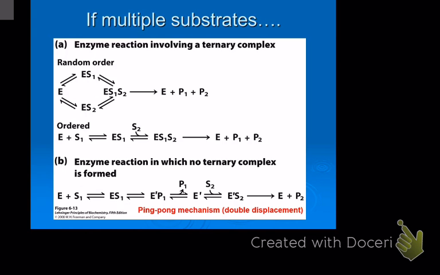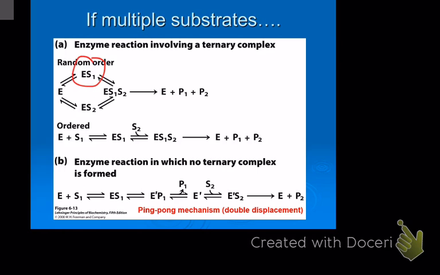Many enzymes have multiple substrates, and there are a couple of different ways that you can bind more than one substrate. The first two form what's called the ternary complex. That's when you have three things bound at the same time, so that literally means three in one. You can have what's called random, which means there are two substrates and you're going to make one or two products, and it doesn't matter which order you bind them.